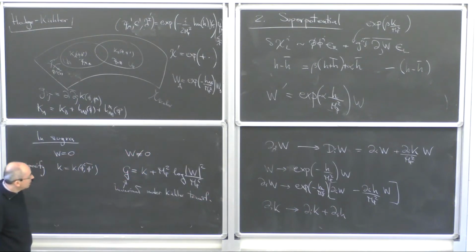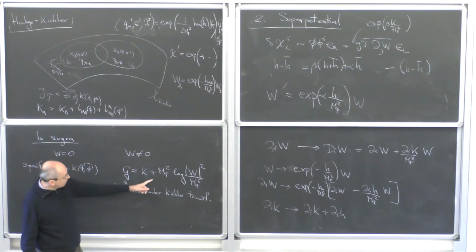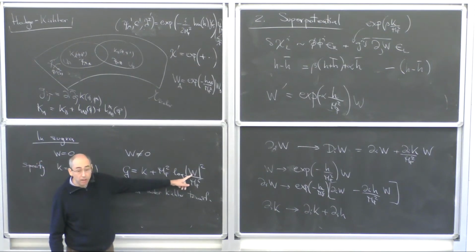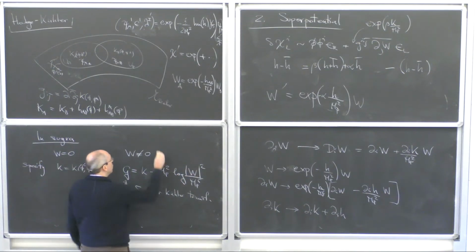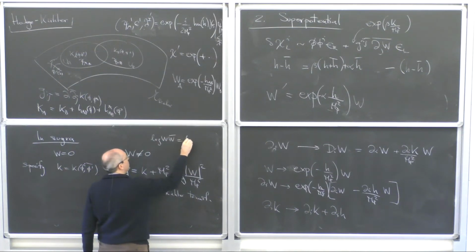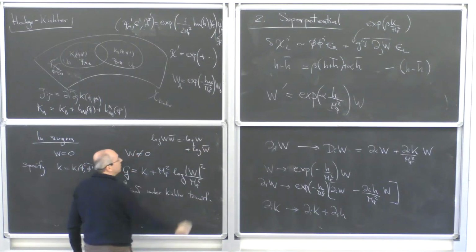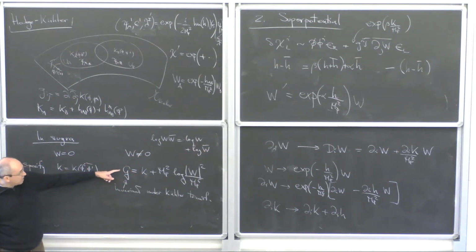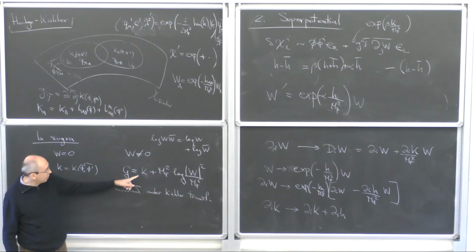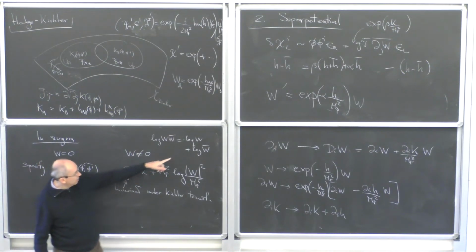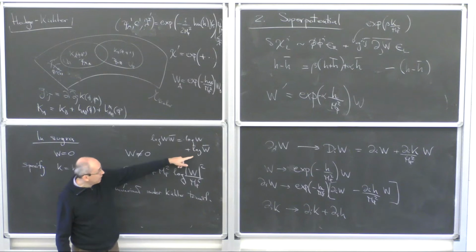And you see, since this is the Kähler potential plus the logarithm of W bar, which is the same, of course, log of W bar is the same as log W plus log W bar. This is like taking K and transforming it to G by a holomorphic, a Kähler transformation, where the holomorphic function is nothing but the logarithm of the superpotential.